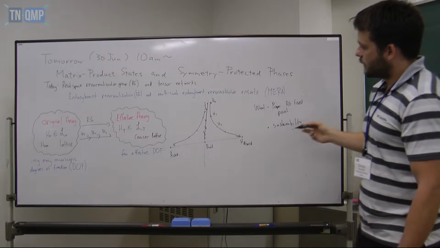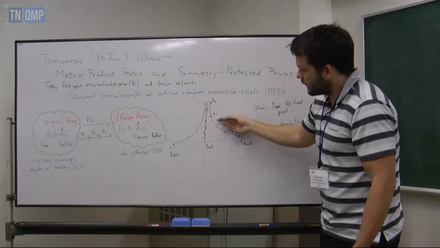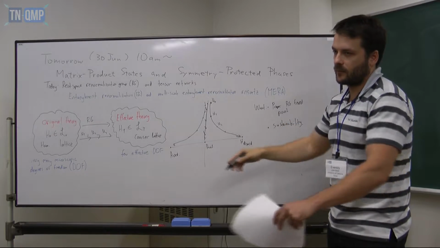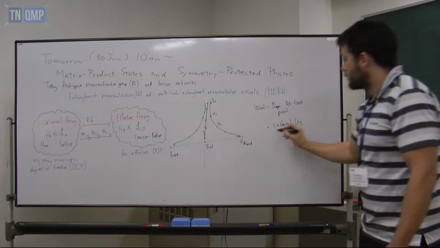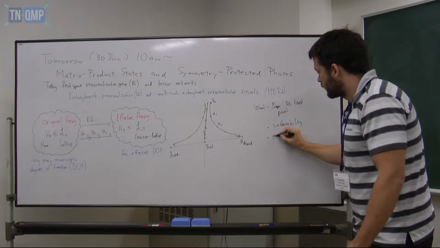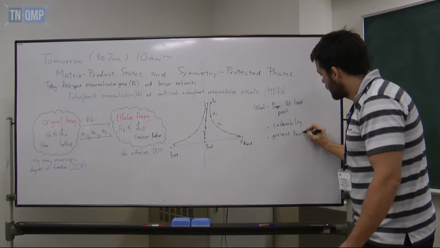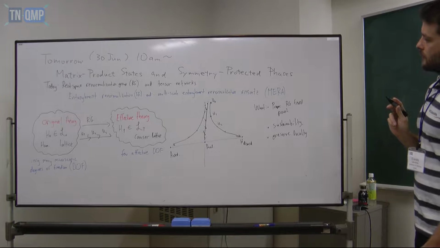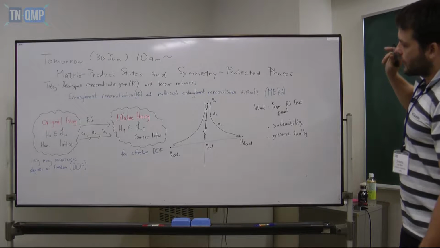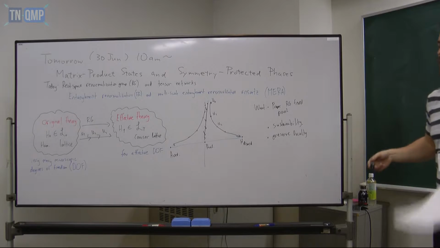For some model I'm interested in, I want to be able to actually implement this efficiently and not have it become too computationally expensive or break down. We also want to preserve locality. And what we'll see is that these things are not necessarily as simple as you may imagine them to be.